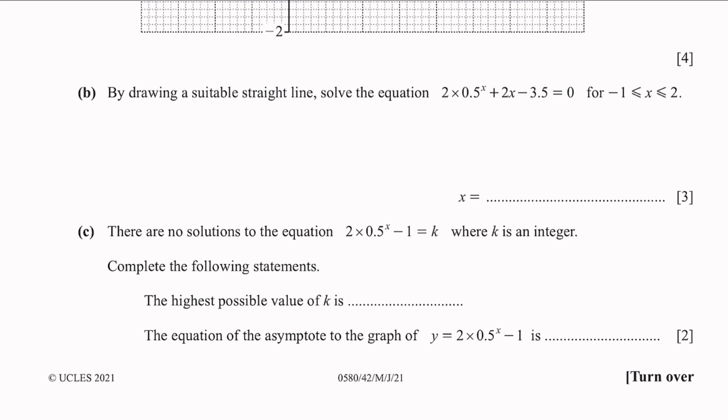By drawing a suitable straight line, solve the equation 2 multiplied by 0.5 power x plus 2x minus 3.5 equals 0 for the value of x which is more than or equal to minus 1 and less than or equal to 2.